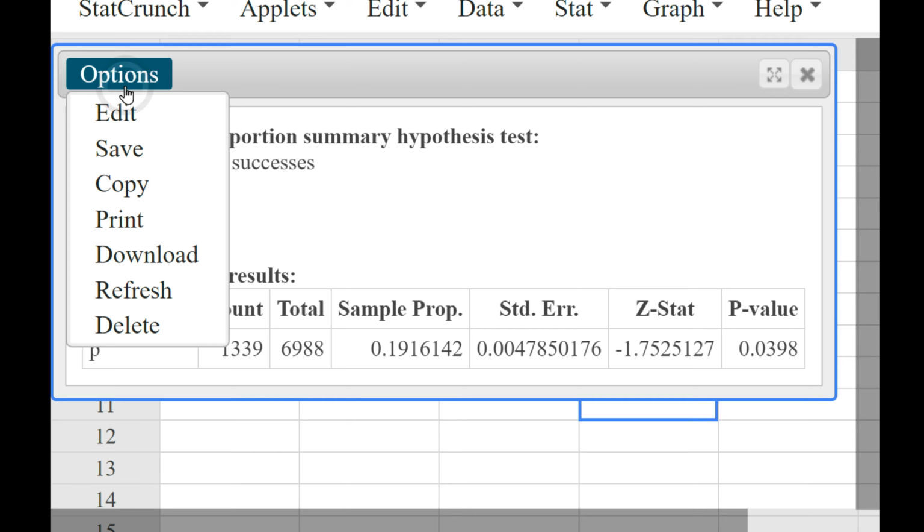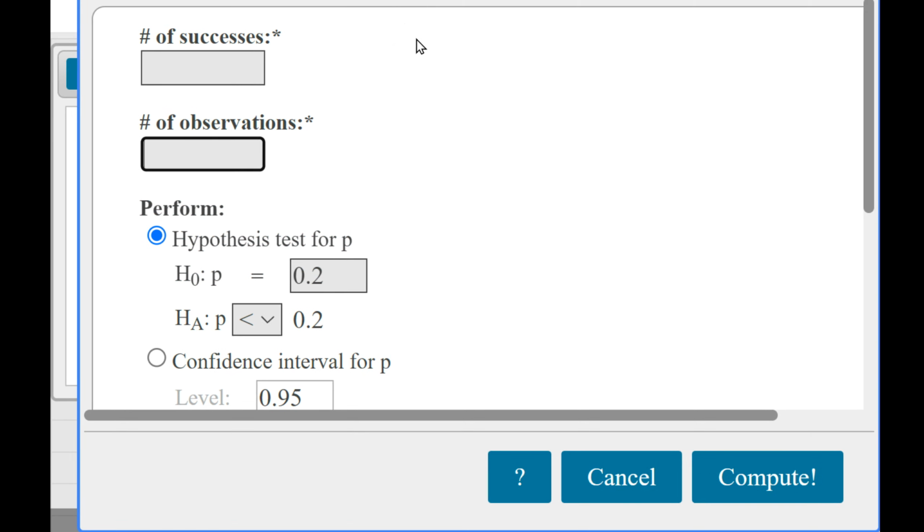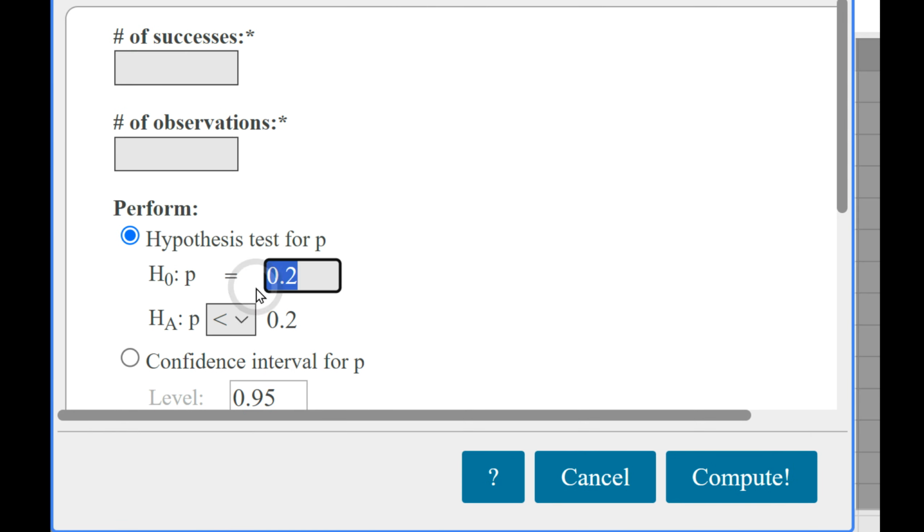Okay, I shall come over here to Stat, Proportion Stats, 1 Sample with Summary. Get my hypothesis test set up. What was a success here? It was having yellow peas.